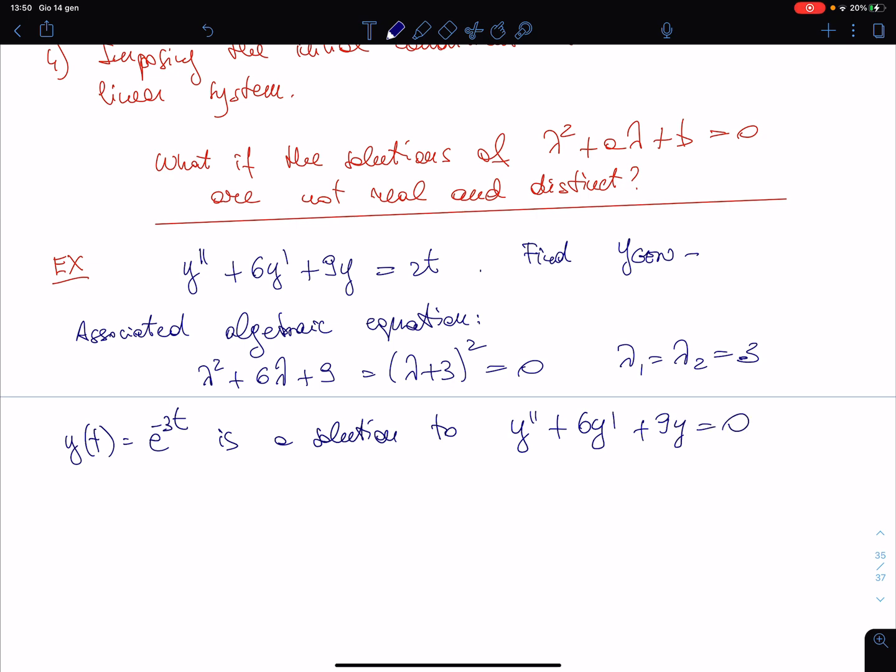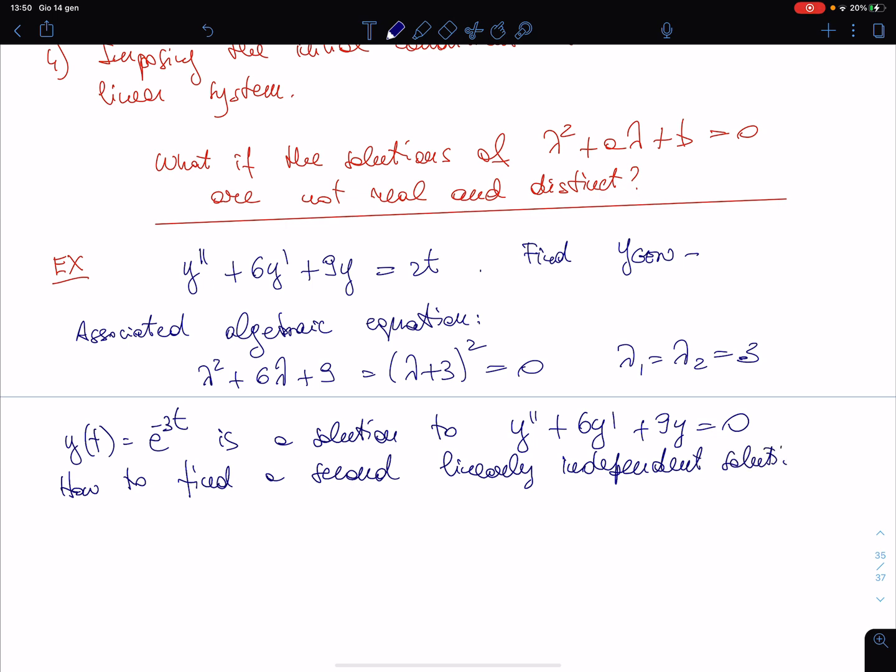But how to find a second linearly independent solution? It must exist.